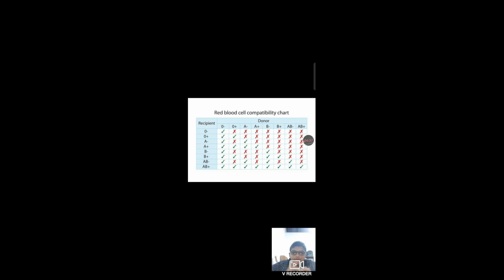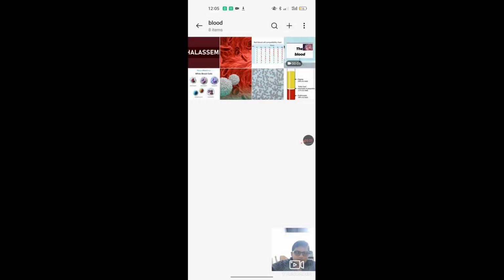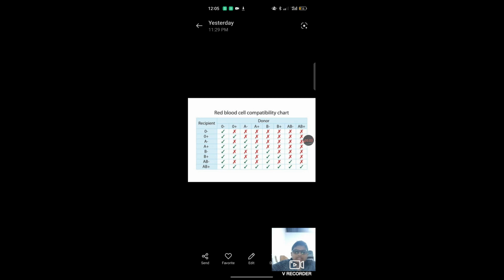If a person has only protein A, his blood group is A. If a person has the blood group B, then he has only protein B. There is another blood group known as AB.